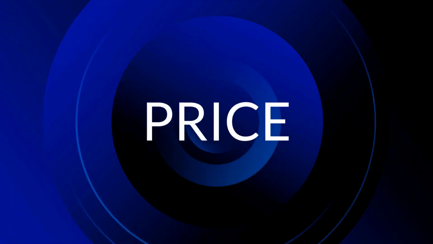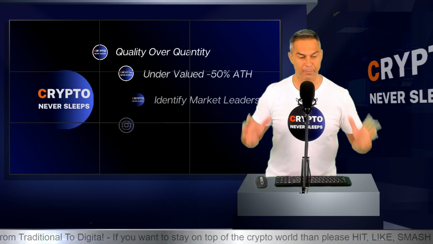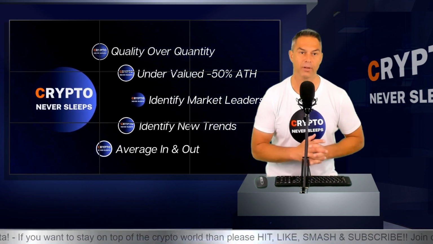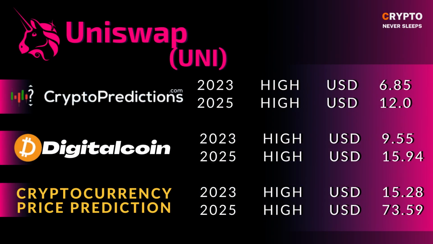So before we end, let's look at some future price predictions to see what the sentiment is like. And let me just point out here, because I often get some comments, these price predictions are not mine, right? So the first one comes from cryptopredictions.com, and they believe we're going to see a high in 2023 of $6.85 and $12 in 2025.